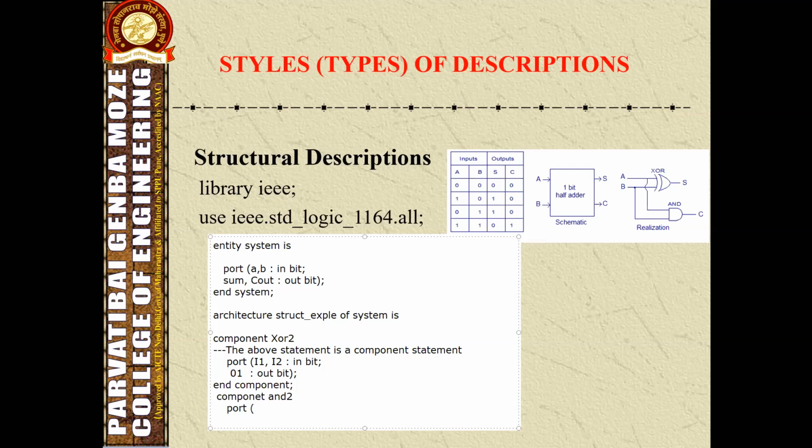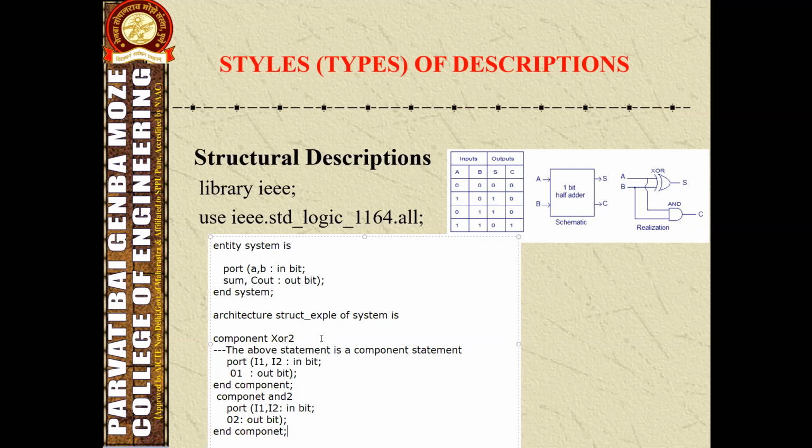That is component 2, which has the same input terminals I1 and I2 in bit, and one output, that is O, O2 out bit. These are the information about two components, and the second component information I have to end with the end statement, end component.